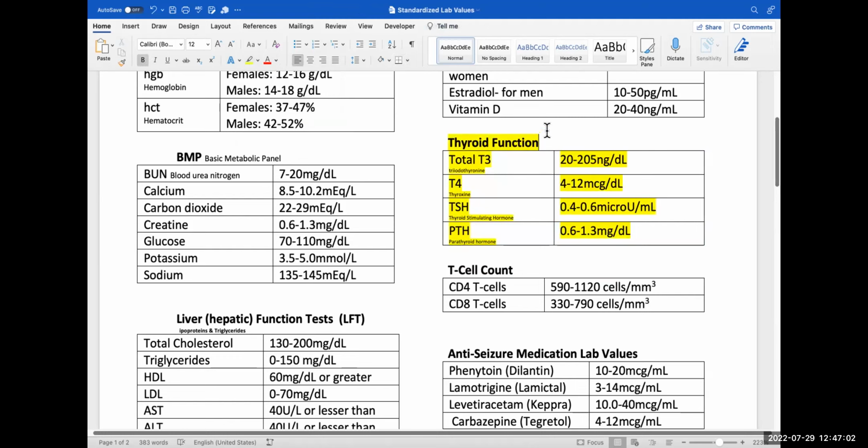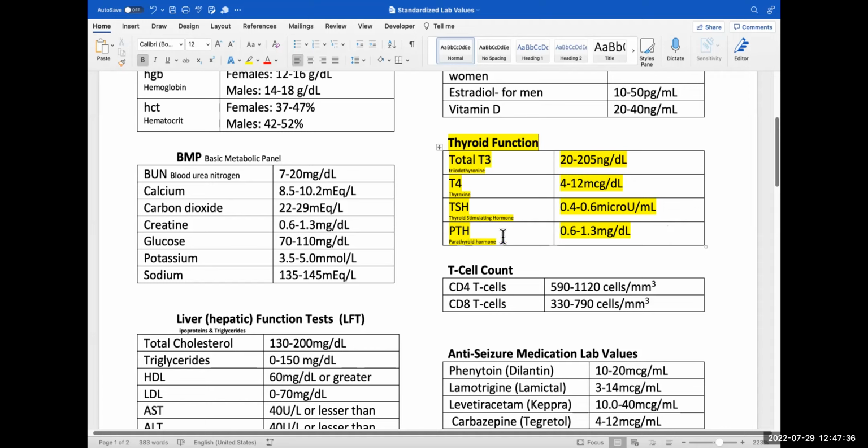So we have a T3. This is part of measuring the functioning of the thyroid. They'll look at the T3 and the T4, but only after they look at the TSH first. First, they look to see how bad the thyroid stimulating hormone is. They want to know how much the thyroid is not functioning. Once they understand that, then they want to do a T3 and a T4 to understand the severity of the problem.